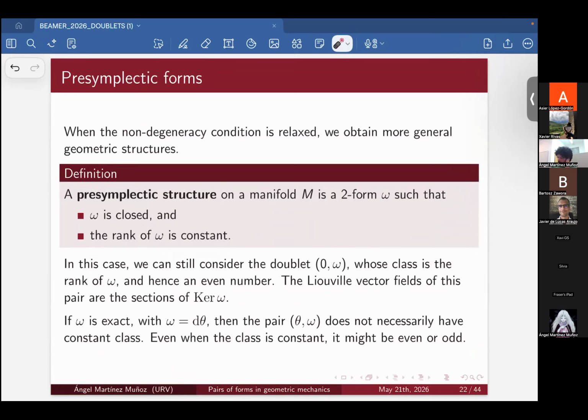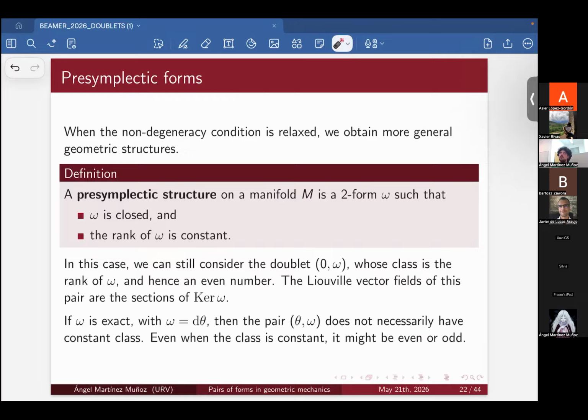Okay, thank you. And well, then I was just explaining more examples. So from symplectic geometry, we can go sort of naturally to presymplectic geometry. This is just relaxing the rank condition. So just let's take a two-form which is closed, but it's not non-degenerate. In particular, we consider that the rank is constant.